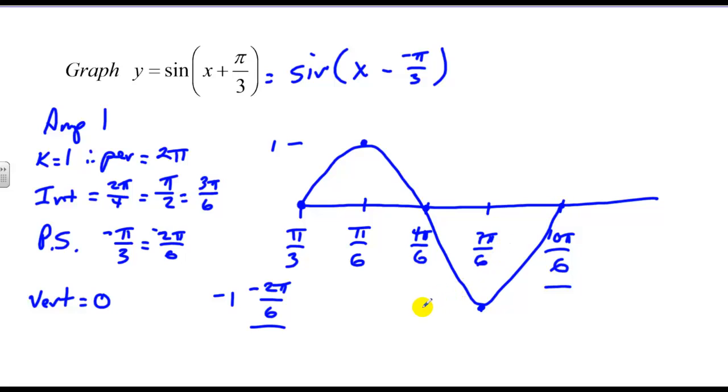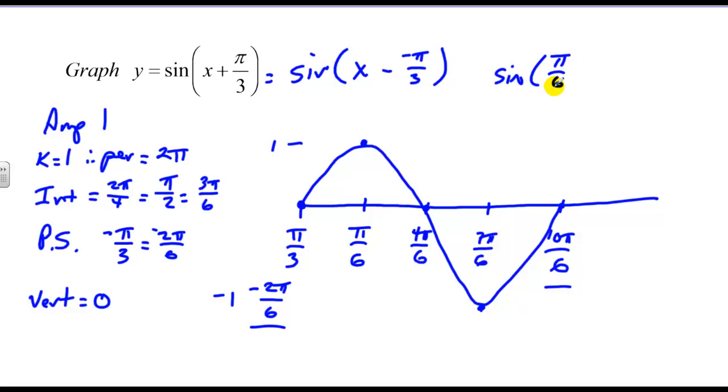Now again, you can check this, not a problem at all, by plugging these values in and seeing if indeed your answer checks. If I plug in pi over 6 to this, I have sine, and I'm going to go in terms of 6 here.